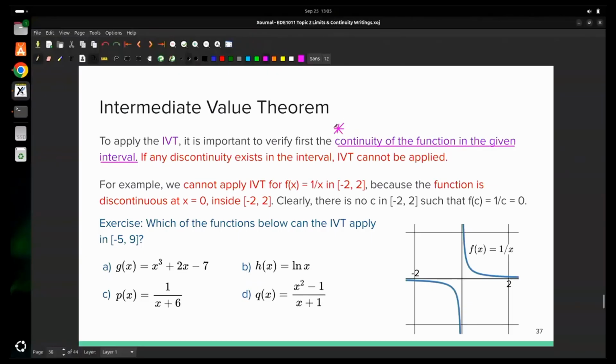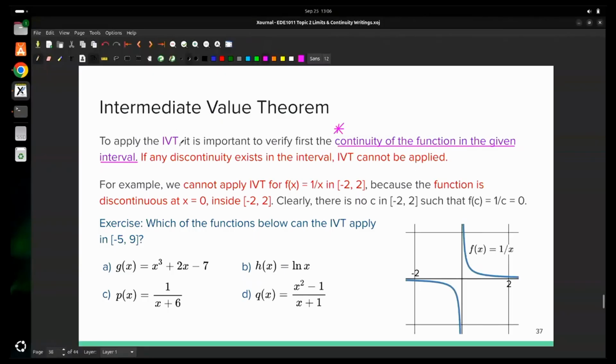You can actually easily understand why you cannot apply IVT if the function is not continuous. For example, let's say you are looking at the function 1 over x. Because 1 over x has an infinite discontinuity at x equals 0, it violates the condition of the intermediate value theorem, and it doesn't apply.